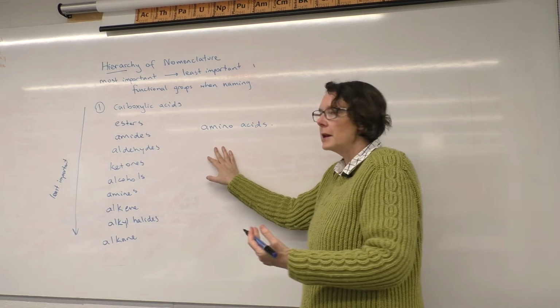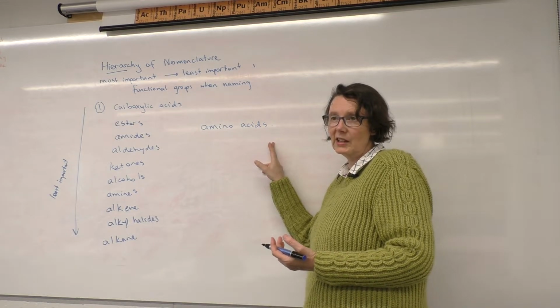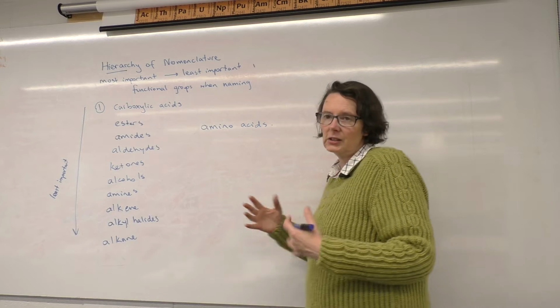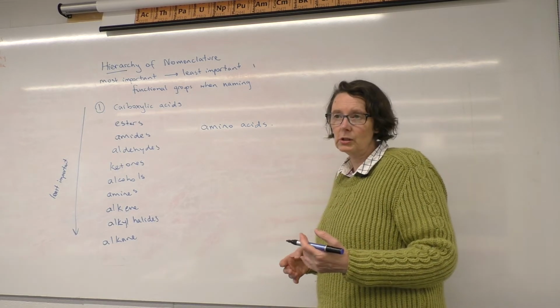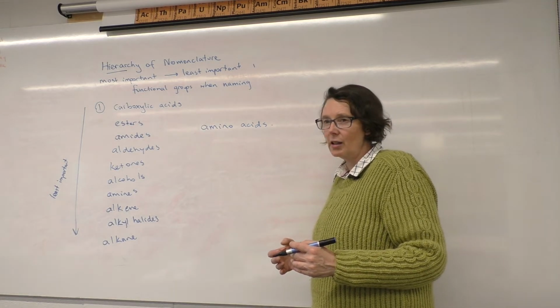That the way we're naming it is that the acid part is the important part that goes at the end of its name. It has an amino group as well. And that's I guess the more commonly used biological terms in reasonably common everyday life.